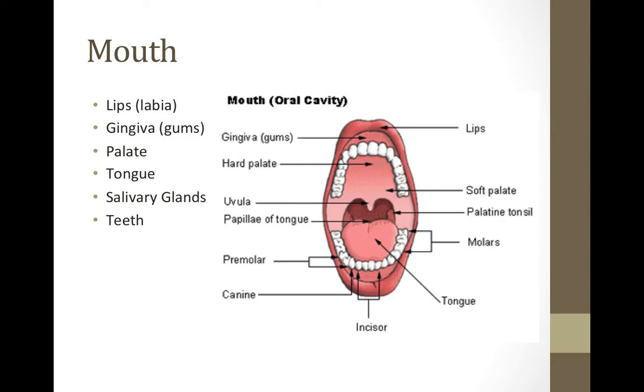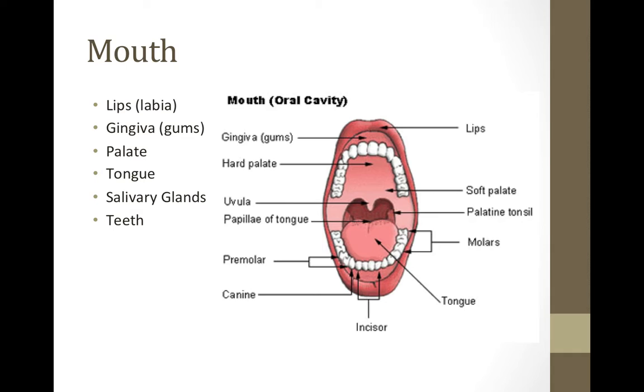Okay, let's talk about your mouth. Your mouth is also called the oral cavity. There are a few words that we're going to throw out here. Remember, everything has a new name essentially. So your lips are called labia. You'll hear labia discussed in other body systems too, because people think other body parts look like lips.